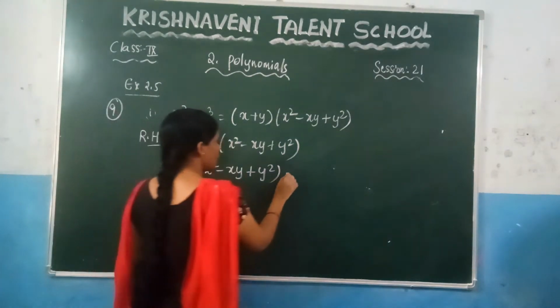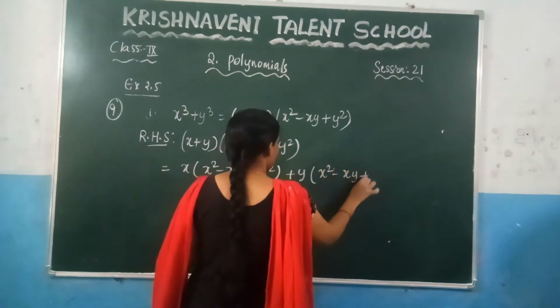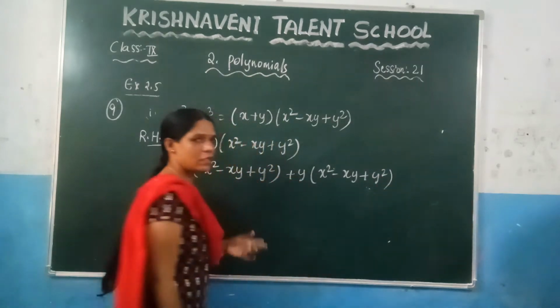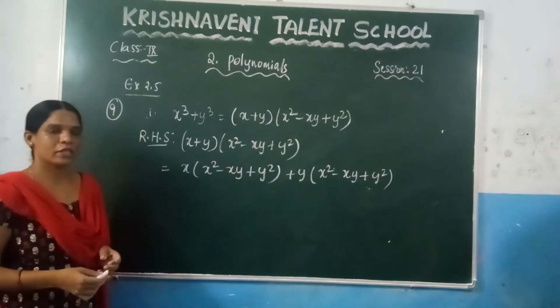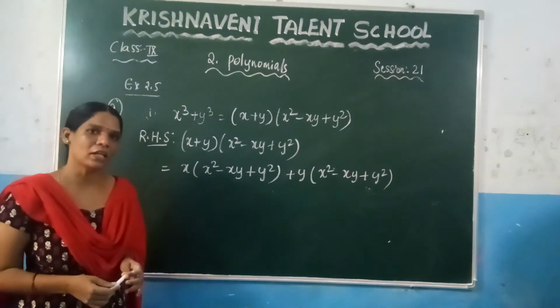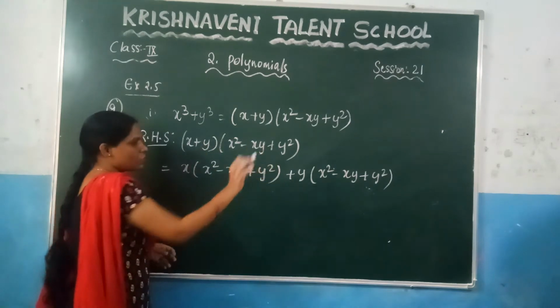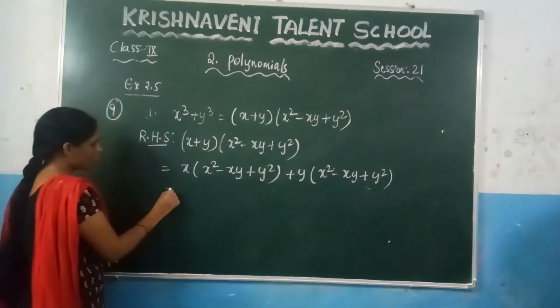So write it here: plus y into (x square minus xy plus y square). Like that only we need to multiply, right? You multiply with each term, so x into this whole term plus y into this whole term. Now multiply. So what do you get?